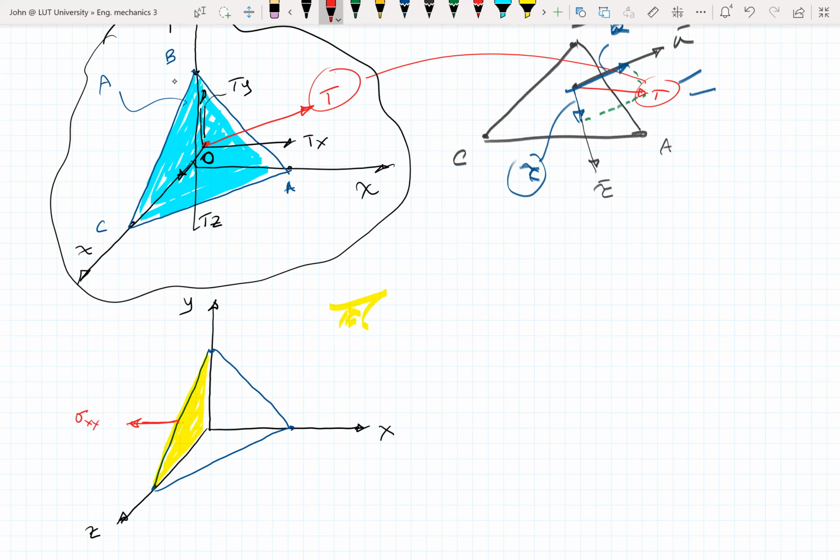And there are also going to be the shear stresses in that area. I'm going to have this one here and this one here. This is going to be tau xy, and this is going to be tau xz.